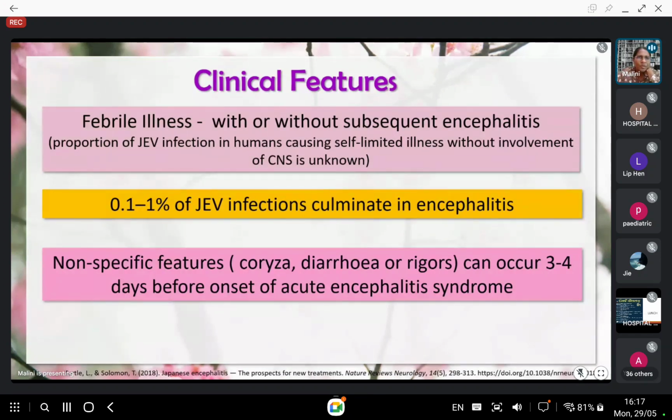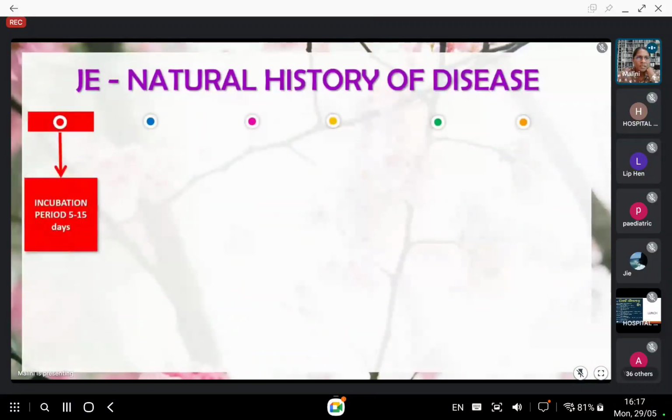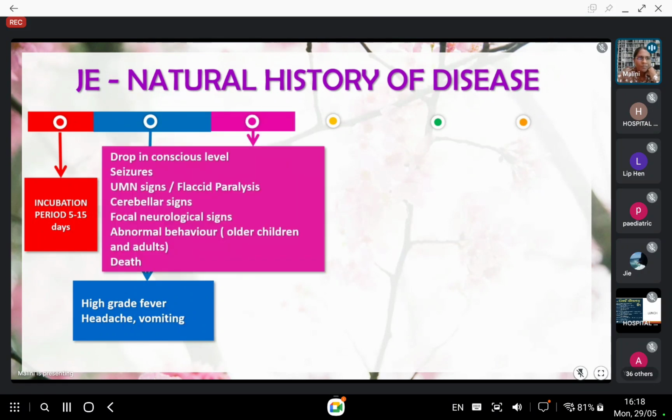It starts off with a febrile illness with or without subsequent encephalitis. I think importantly, the natural history of JE encephalitis: incubation period of 5 to 15 days. Then you might have subsequent high-grade fever, headache, and vomiting.